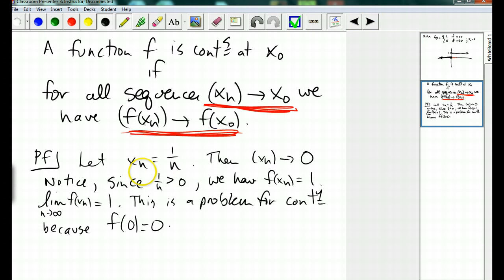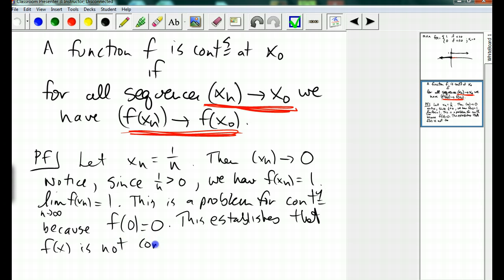So here we have a sequence that heads towards 0, but the f of xn's go towards 1, which is not 0. This establishes that f of x is not continuous at x naught equals 0. Interesting.